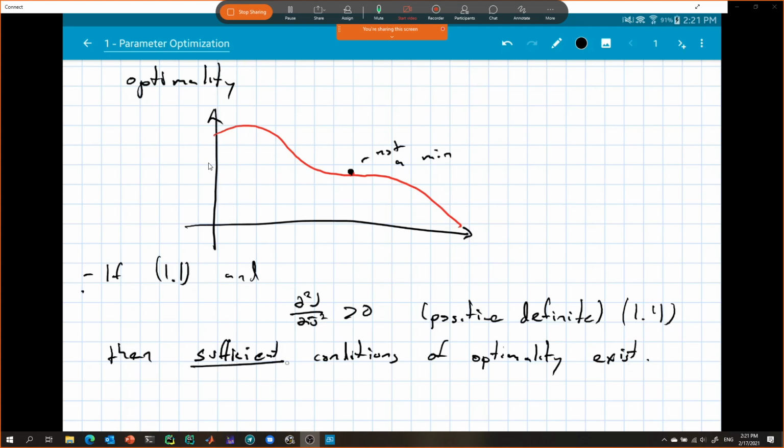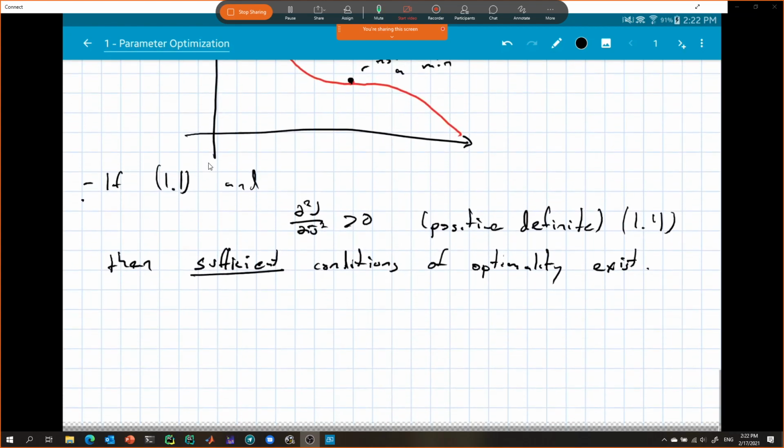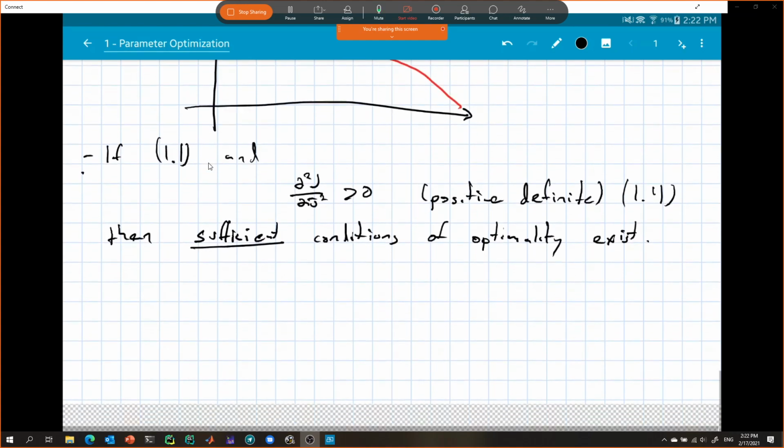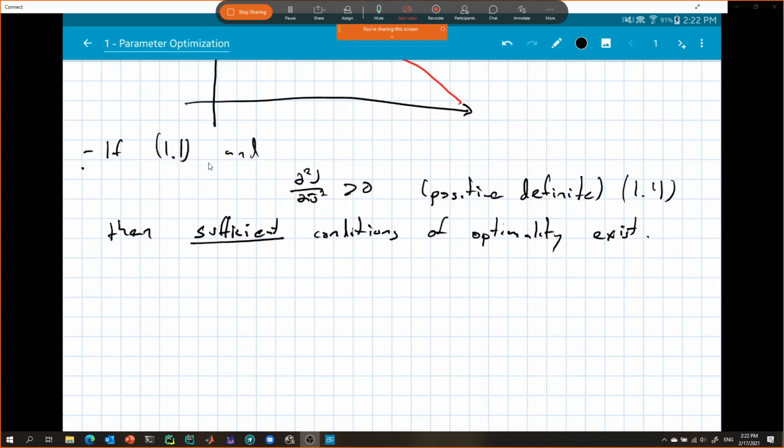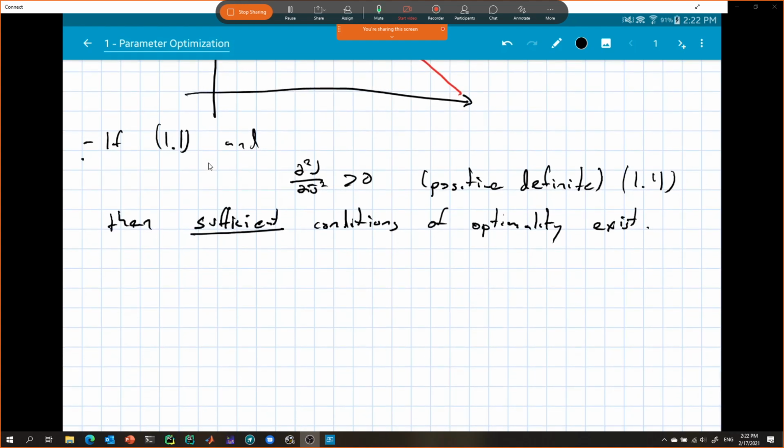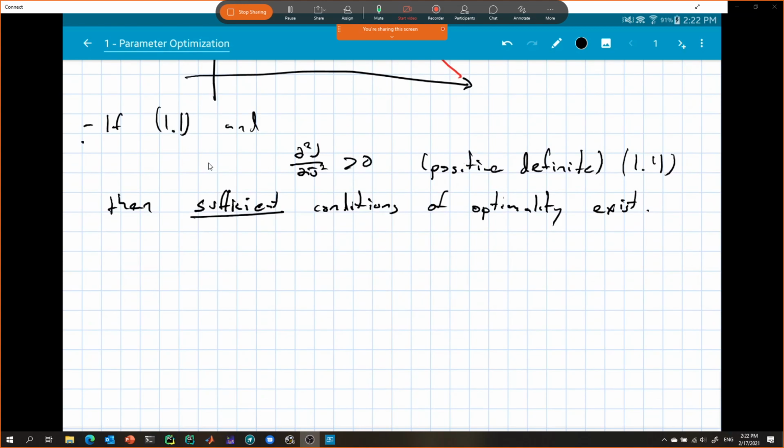Sufficient means that if these two are true, then you are guaranteed a local minimum. So that's the difference between sufficient and necessary. For the record, for the rest of this course we're just going to focus on necessary conditions. Sufficient conditions are way too hard. We're going to focus mostly on first derivatives and only in special cases second derivatives. But this is technically what you need. In the future, you can use your engineering judgment to inform whether you meet the minimum.